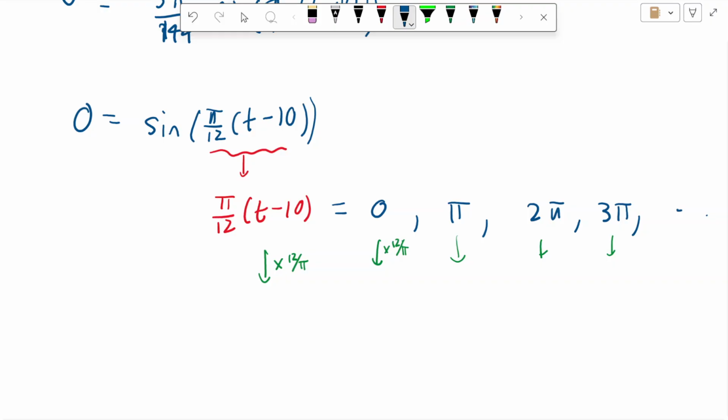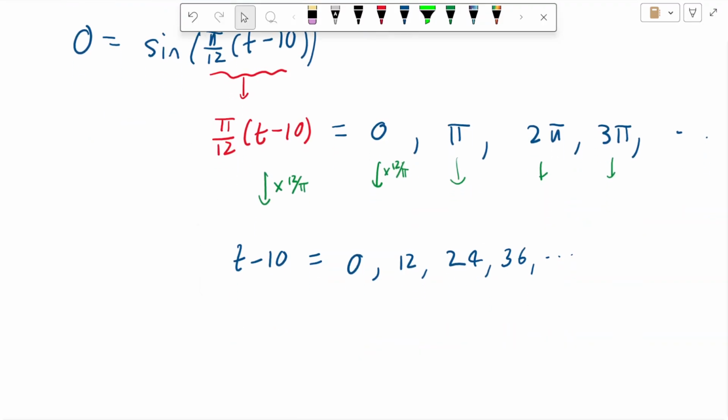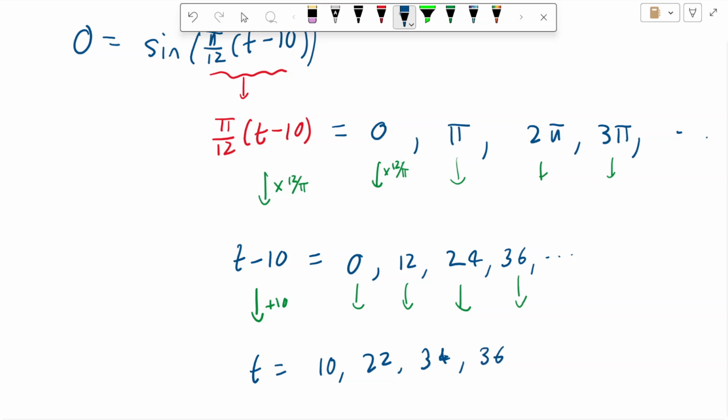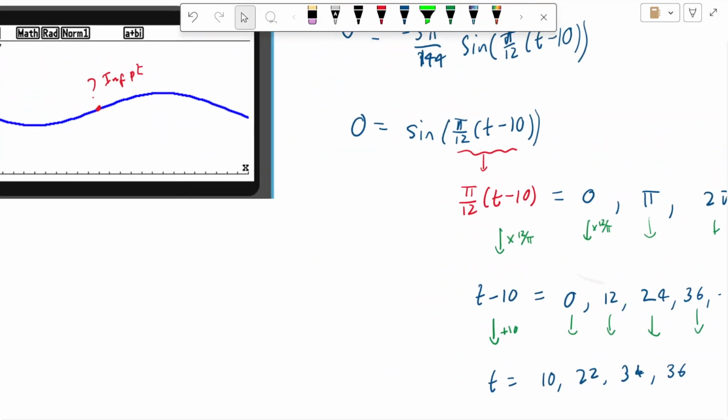So what we're left with is that t take 10 is 0, or pi times 12 over pi, so that's 12, or 24, or 36, and then we just add 10 to both sides. So that tells us that t is going to be 10, or 22, or 34, or 46, etc. Now what we've done is we've found our points of inflection.